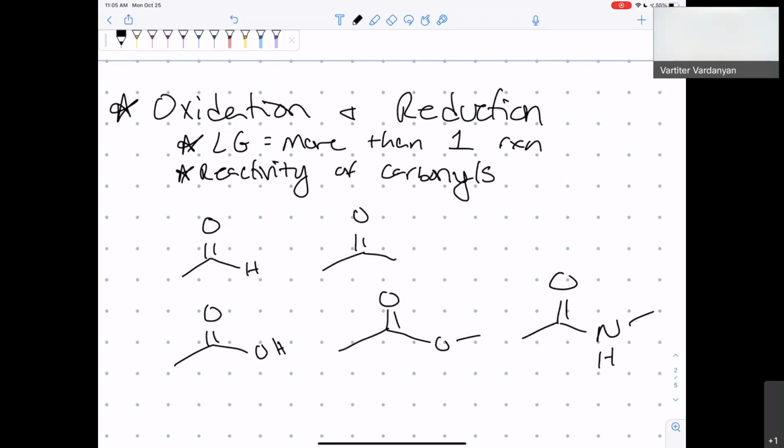When we were talking about reductions, we split these into two groups, right? You guys remember anything about those two groups? Yes. These guys were one group, and were they more reactive or less reactive? More reactive. And why was that?